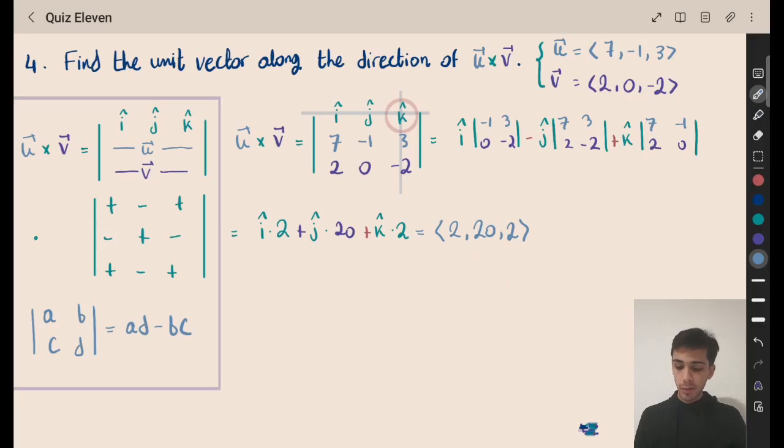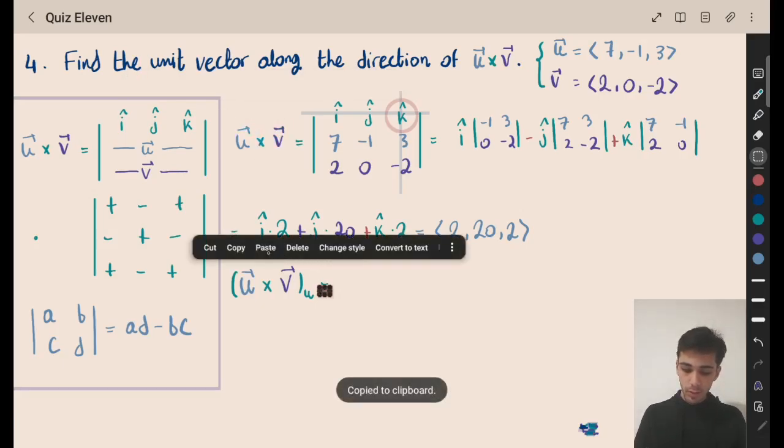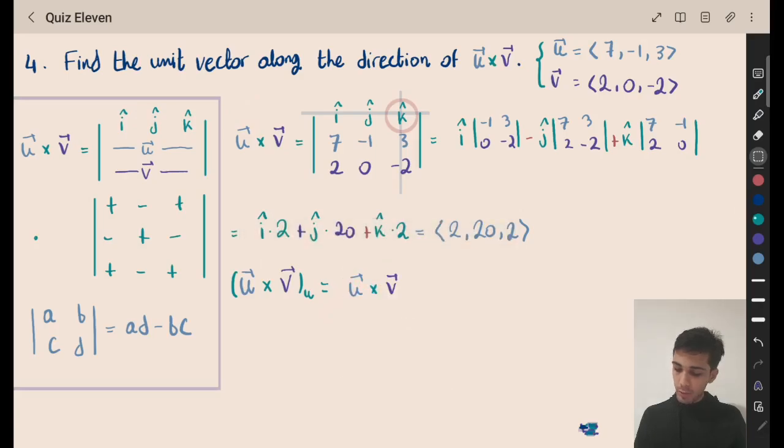We find the unit vector. So to find the unit vector of u times v, which I'll call u times v unit, we would like to take the u times v vector, and divide it by its length, which is also called the norm.